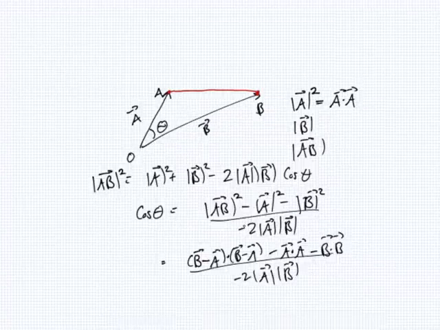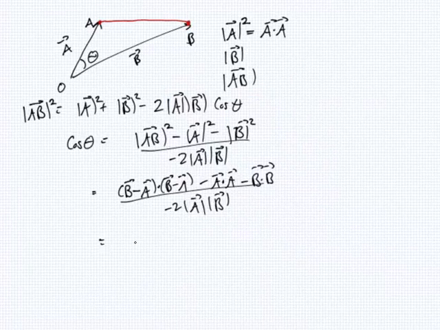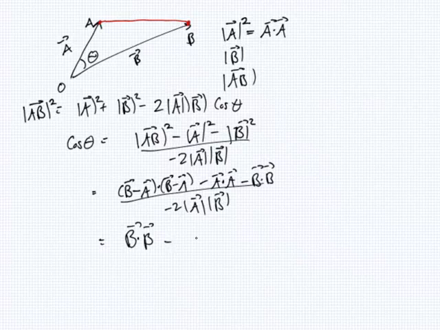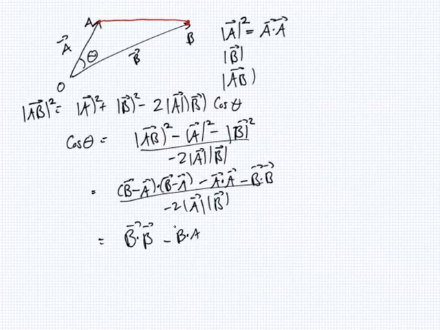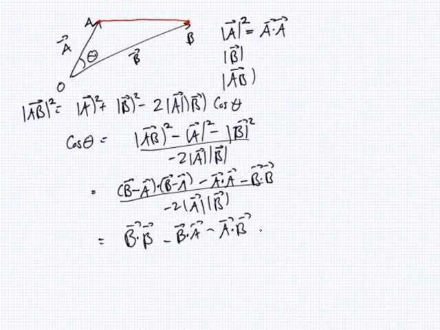Okay. So let's expand the top. We get B dot B minus B dot A minus A dot B plus A dot A minus A dot A minus B dot B. Now what cancels here up the top? That cancels with that.